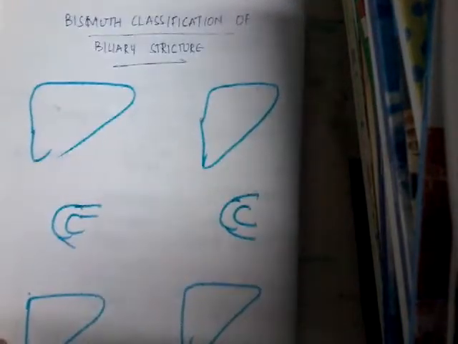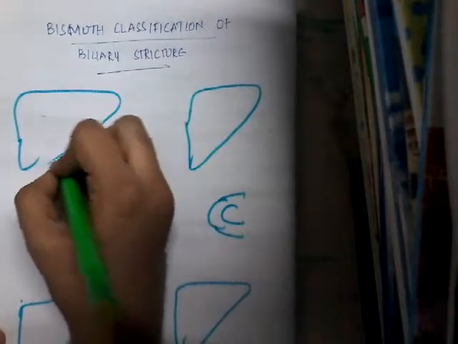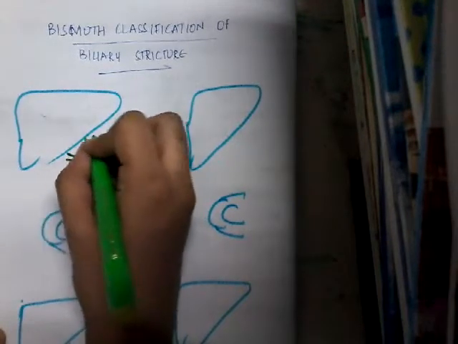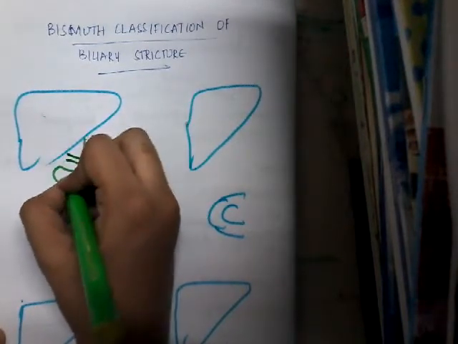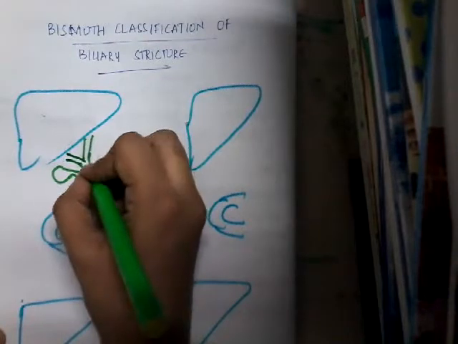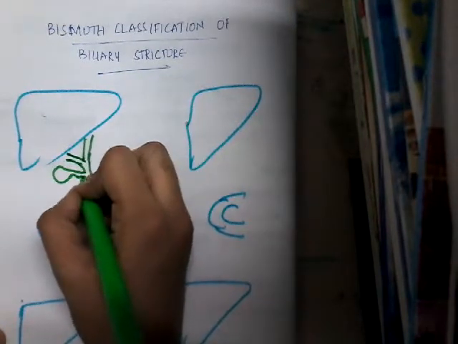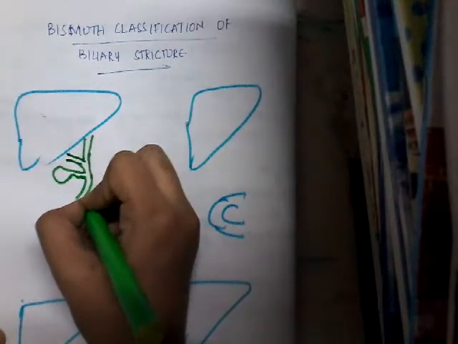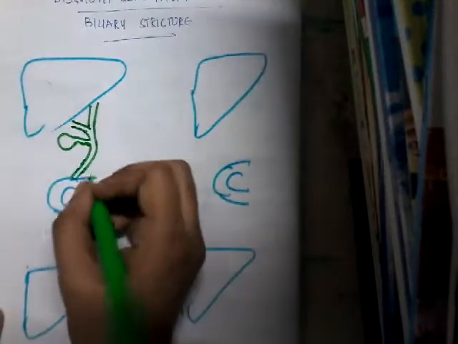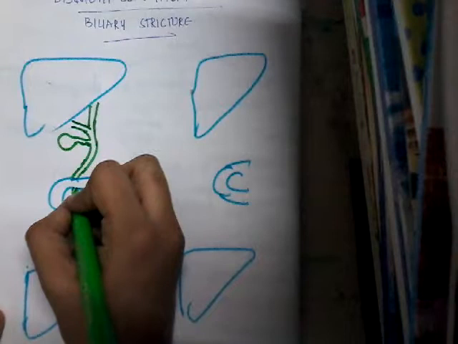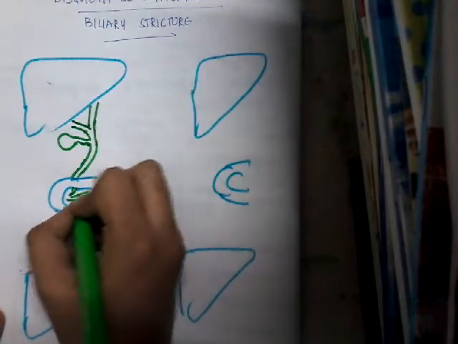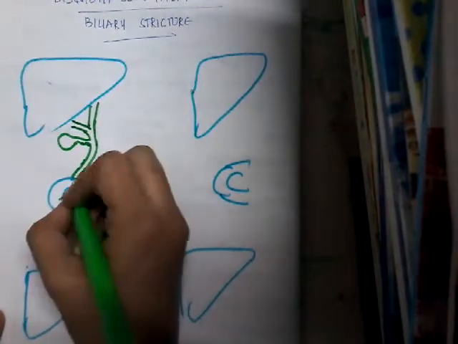First, Bismuth type 1: all the above parts are normal in this, and there is stricture in the common bile duct, that too a low common bile duct stricture, and here there is the pancreatic duct.